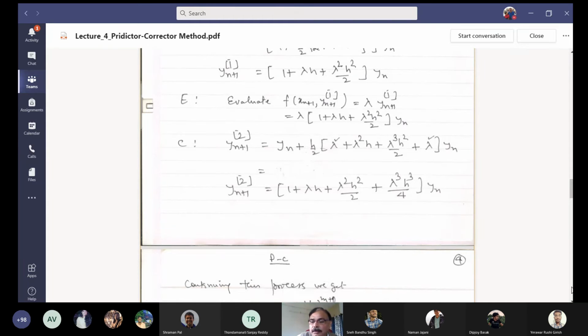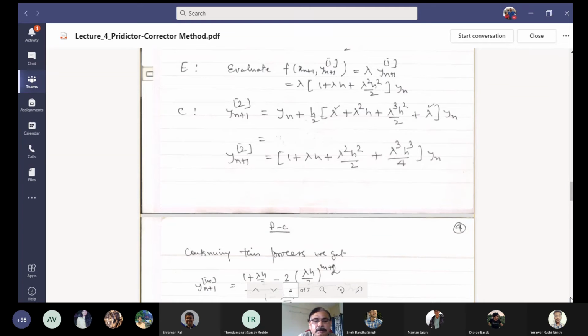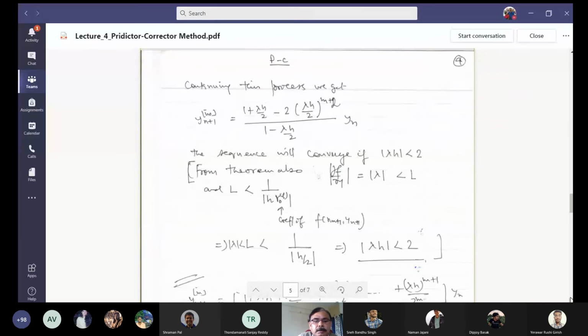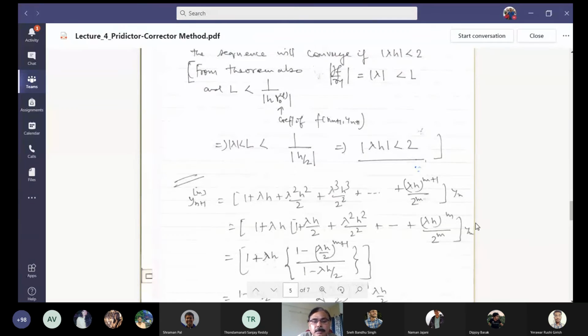There was one mistake actually. You may write 1 plus lambda h, then the first term will be lambda h divided by 2, lambda square h square by 2 square, and the last term will be lambda h to the power m by 2 to the power m.